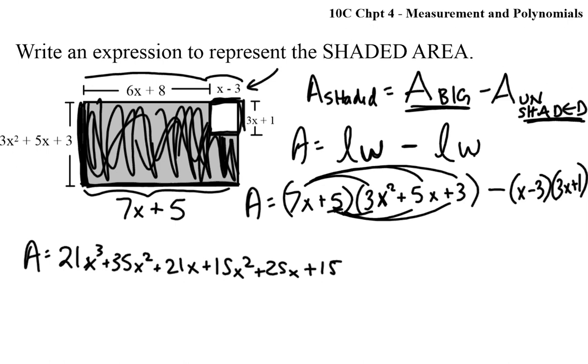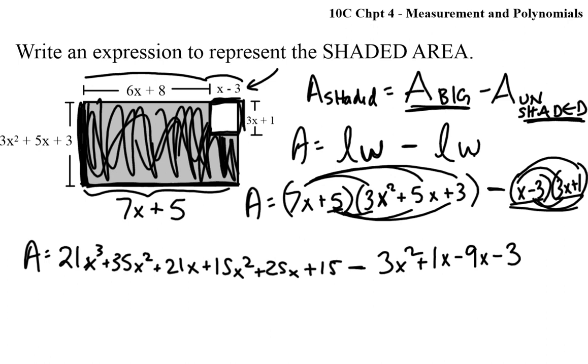Now I have to subtract my FOIL calculations for the small rectangle. Binomial times binomial, length binomial, width binomial, we need FOIL. I want to subtract this area. So we're going to subtract 3x squared plus 1x minus 9x minus 3.